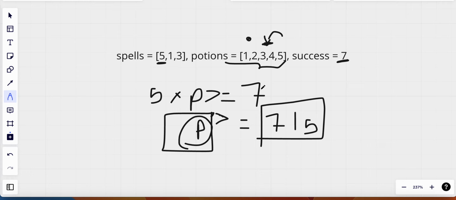Like basically, here, let's look at this. The value would be 1 point some value, right? So that means that we need the value of p greater than 1 point some decimal value.